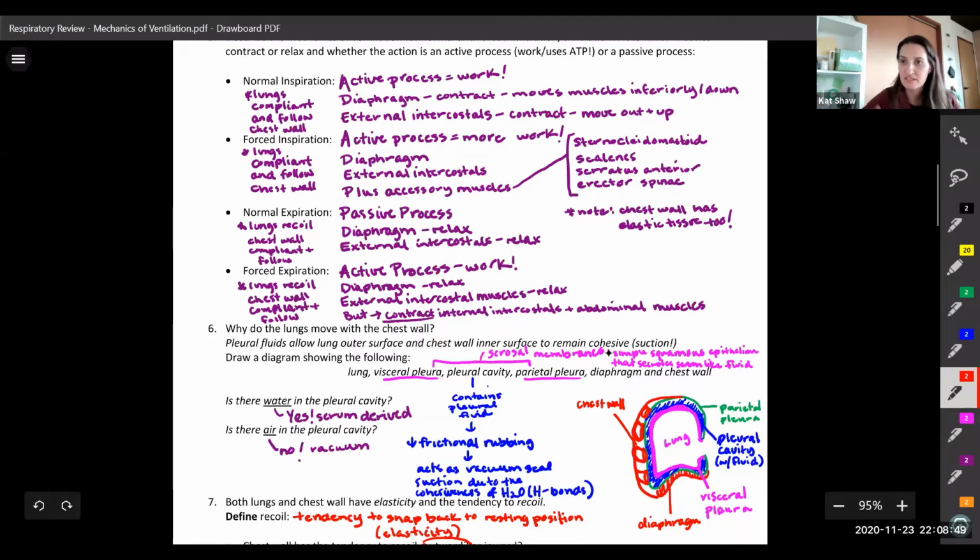This membrane is made out of simple squamous epithelial tissue. And it's hard to see, but it says this epithelial tissue secretes a serum-like fluid. And that serum-like fluid is what's building up and being maintained in this cavity that I'm showing here in blue.